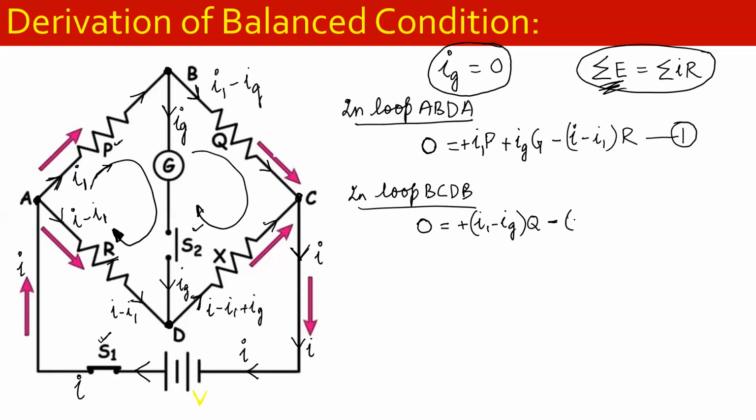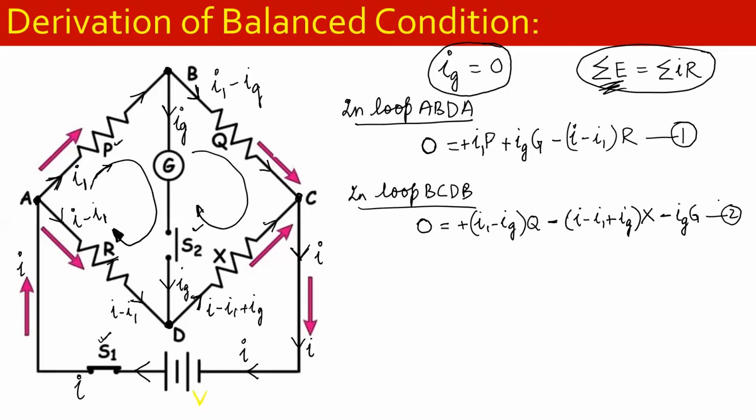So minus (I minus I1 plus Ig) into X. Now, while reaching the galvanometer, we can see again the direction of KCL and the assumed loop is opposite. So again, we have to take the potential difference across G as negative, and it will be minus IgG. This is relation number 2.